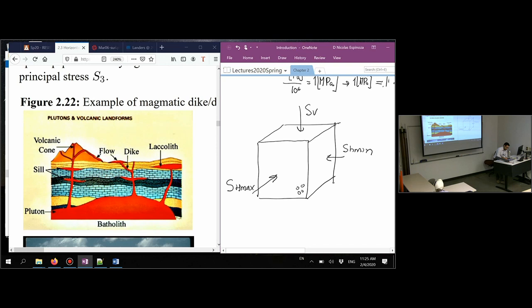And this is going to be a porous rock, and inside that porous rock we have a pore pressure.